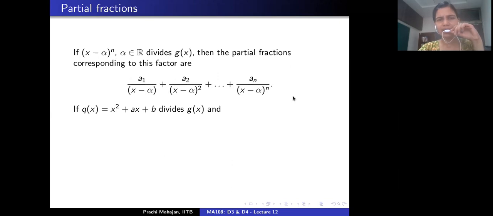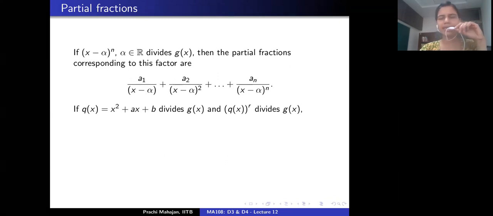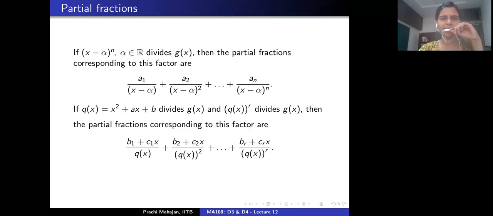On the other hand, if you have a quadratic term qx, and let's assume there's a multiplicity here, so you have qx to the power r dividing the denominator g, then the partial fraction decomposition would be b1 plus c1 x by q, b2 plus c2 x by q square, and br plus cr x by qx to the power r.